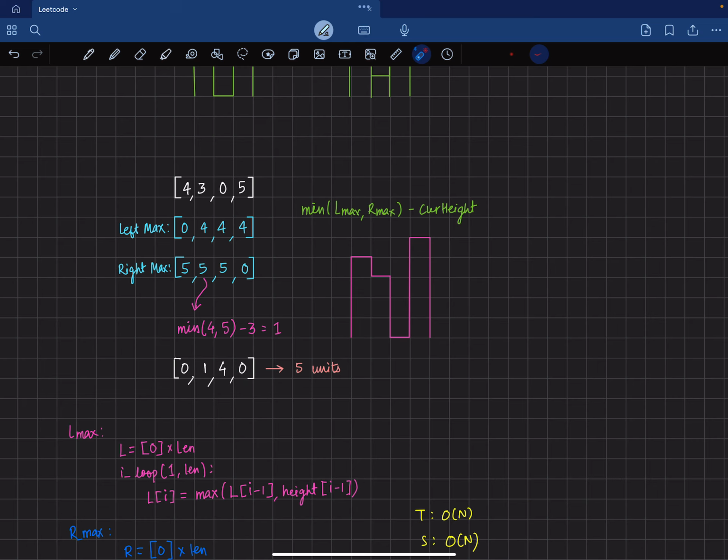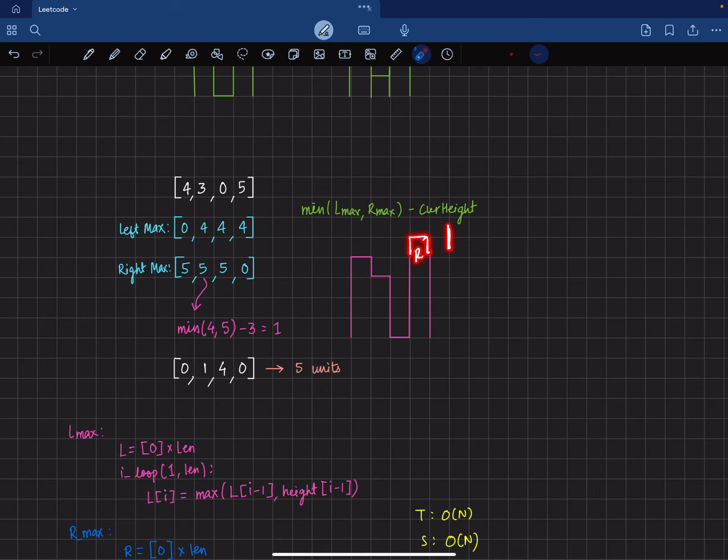Just to be clear, I think I did not mention this point, but it should have been obvious. At the extreme edge on the left and at the extreme edge on the right, we cannot trap any water because on either of those edges, the water will spill over. For example, if I'm at the left edge, there is no left boundary, so the water will spill to the left.